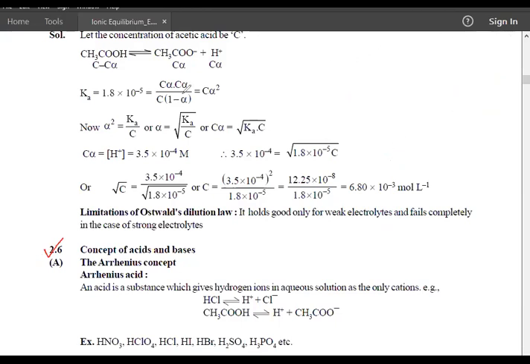After this, we will study in detail the concept of acid, base, and salt. Acids and bases are categorized into 3 types. First Arrhenius, second Bronsted-Lowry, third Lewis.